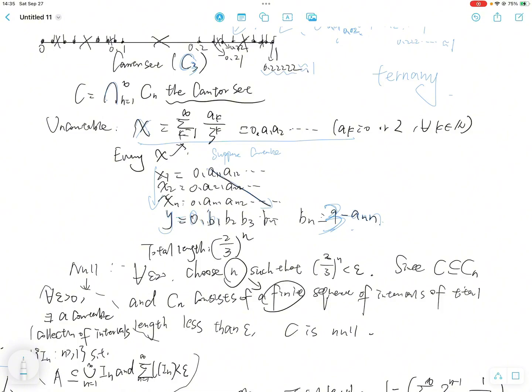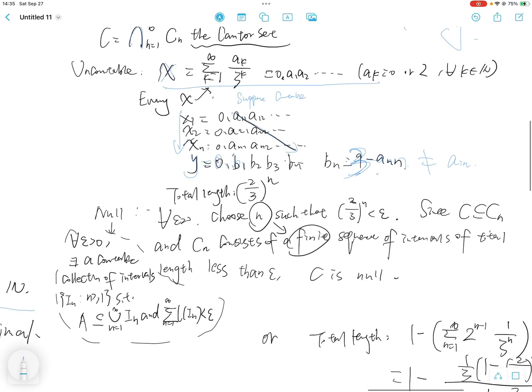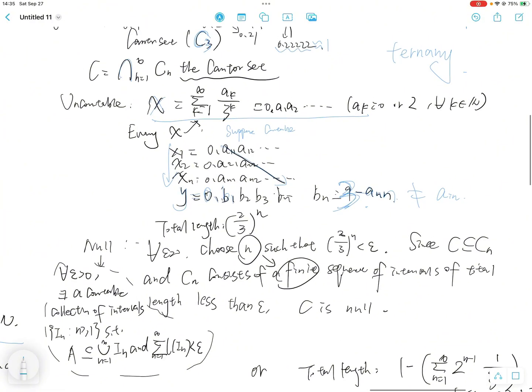I like that, and previously it was 9 minus a_nn, right? And bn is not equal to each a_nn. Yeah. But it's an interesting set because although it's uncountable, it is a null set.